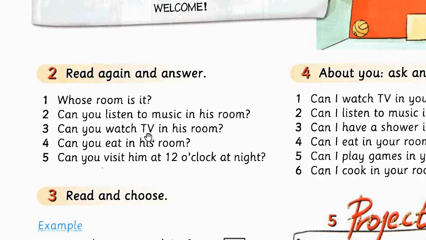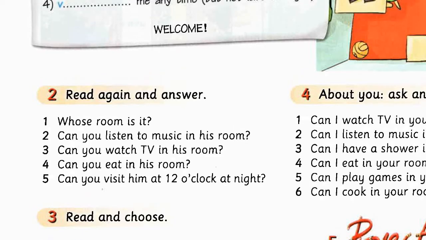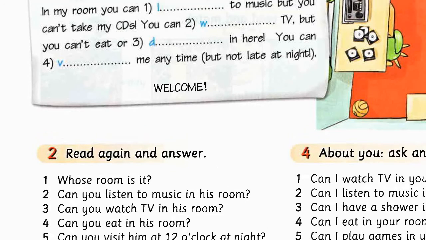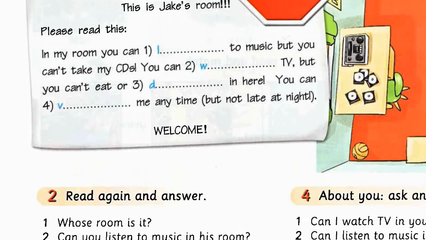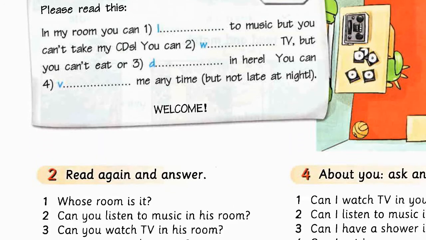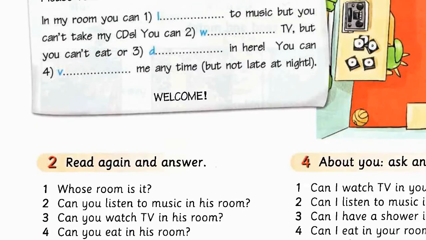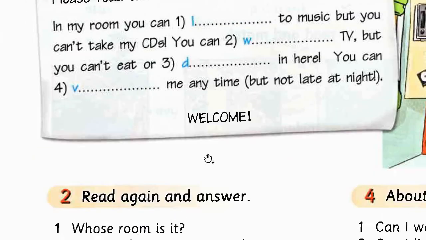Can you watch TV in his room? Okay, we need to find out. Number 4. Can you eat in his room? And number 5. Can you visit him at 12 o'clock at night? Okay, so we want to answer the questions from number 1 to number 5. Okay, let's focus on number 1.